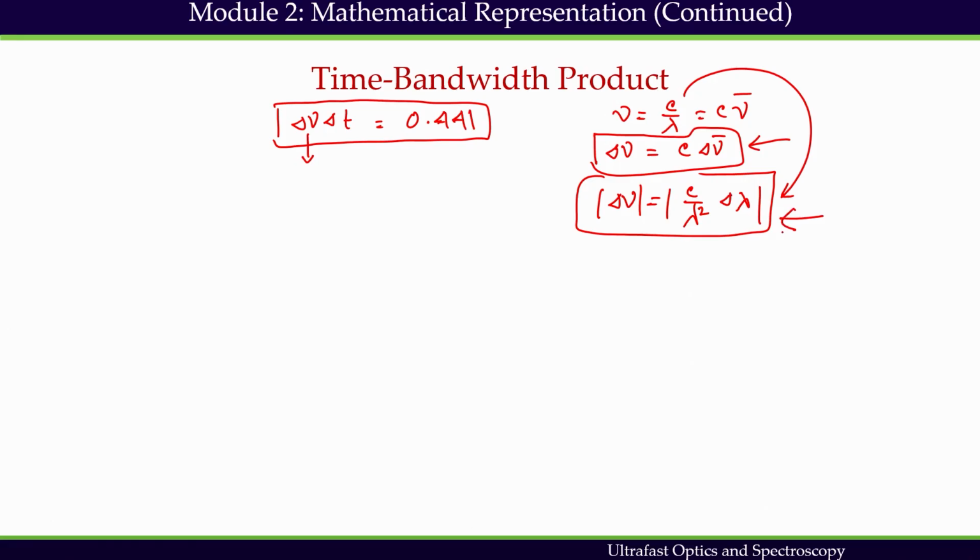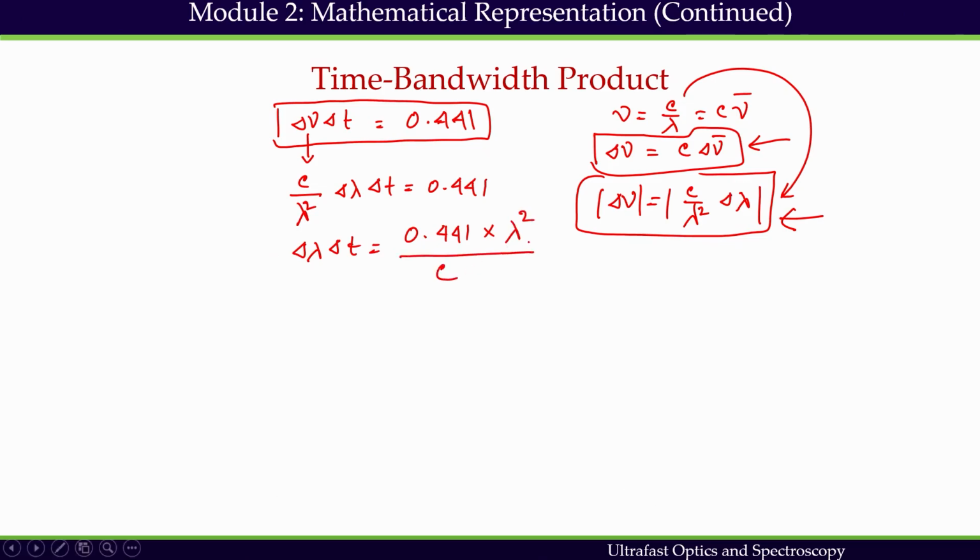So now we plug that in and we get that if I convert it to wavelength, then I get c by lambda square delta lambda, sorry, this is lambda, delta t equals 0.441, or delta lambda delta t is going to be 0.441 multiplied by lambda square divided by c.